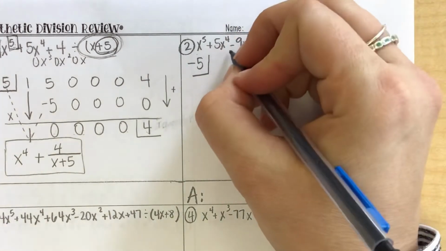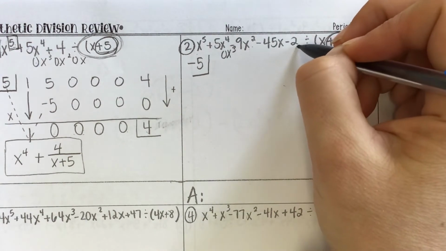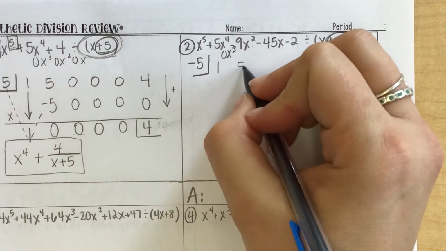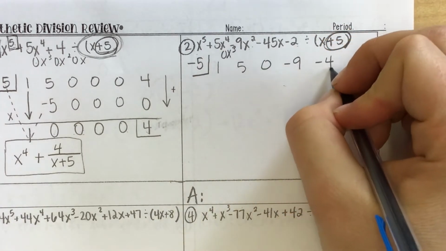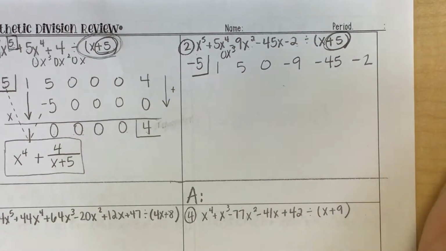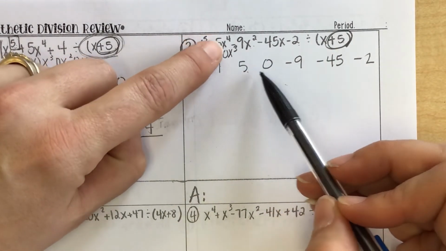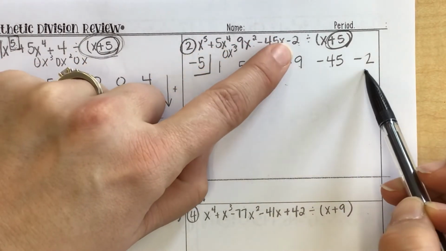Oh, missing x to the 3rd, so I'm going to put that in there. 2nd, 1st, and then just a number. So I'm writing my coefficients. So I have 1, 5, 0, negative 9, negative 45, negative 2.